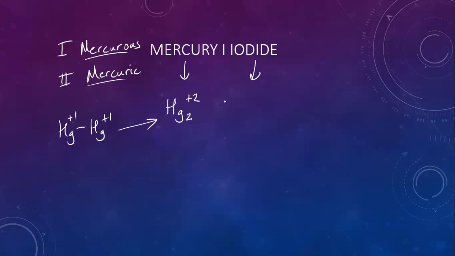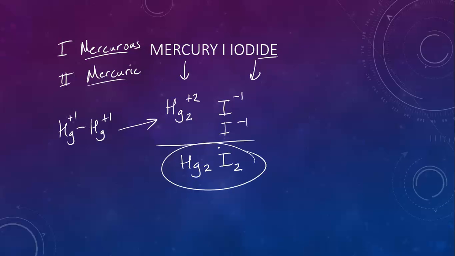Iodide, ID ending, probably an element, and it is. Iodine, -1. So we have too many positives, we need another -1. As you can imagine, you don't have to write all these iodines. After a while, you can see this in your head, and you can just go on and do it. So Mercury 1 iodide, it's like that.